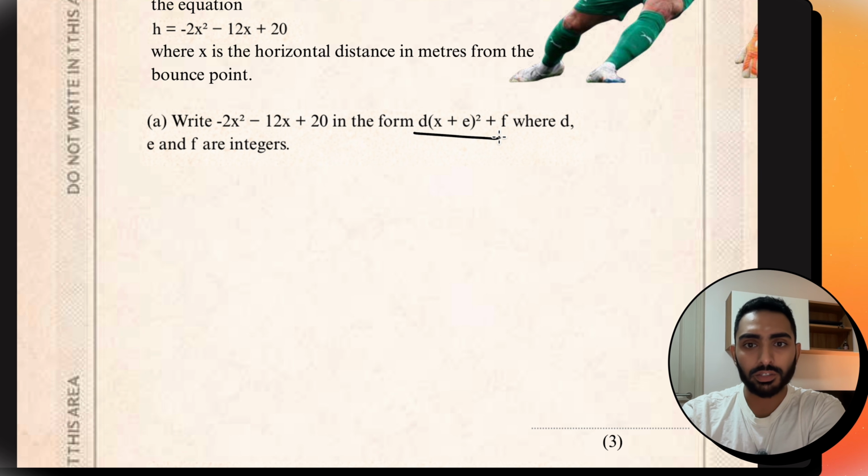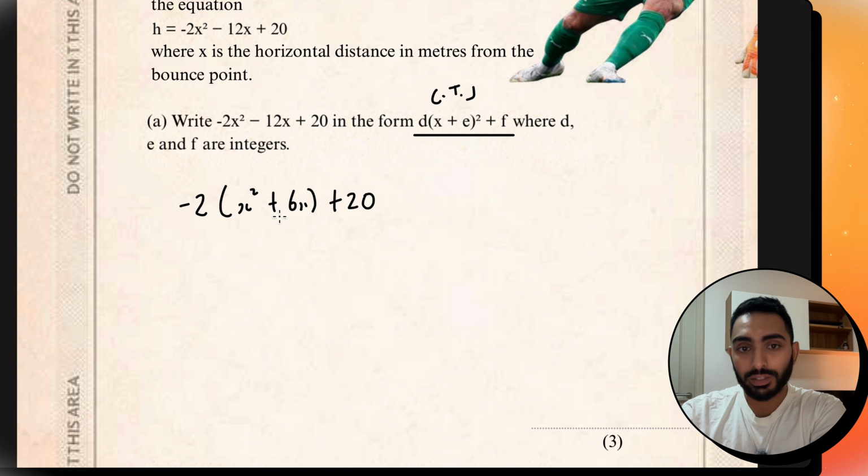As soon as you see this, you should be thinking to yourself, I need to be completing the square here. I'm going to pull out this minus 2 first. I've got minus 2 bracket x squared. Dividing this by minus 2 would be plus 6x and plus 20 on the outside. We normally just half this coefficient of the x, and then we're going to get negative 2 bracket x plus 3 squared.